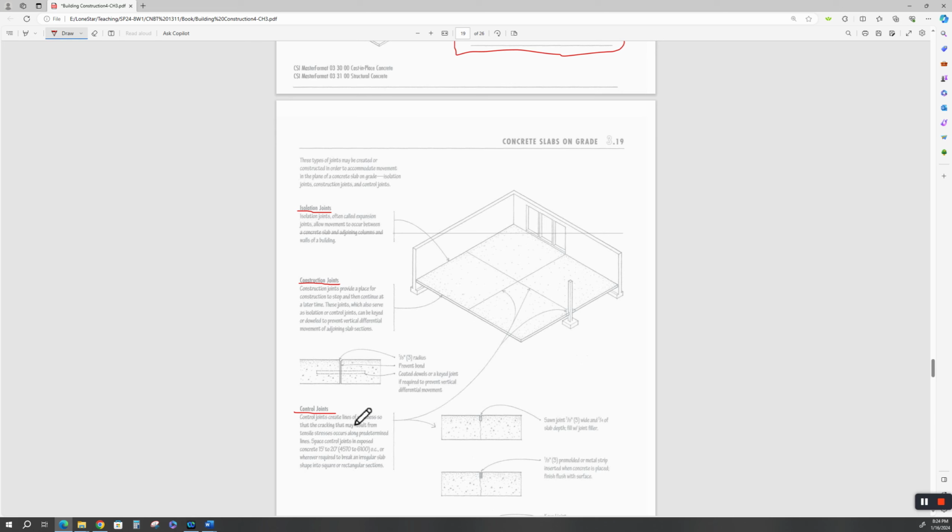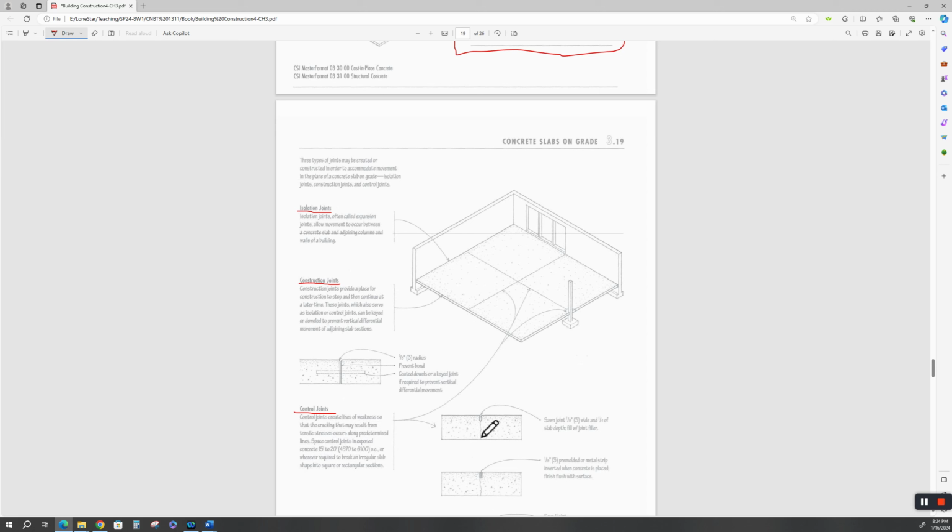Control joints create lines of weakness so that the cracking that may result from tensile stresses or shrinkage while the concrete's curing will have a place to crack, and it won't be unsightly. You can saw them.